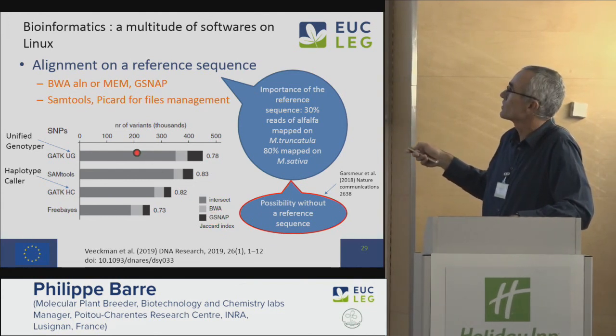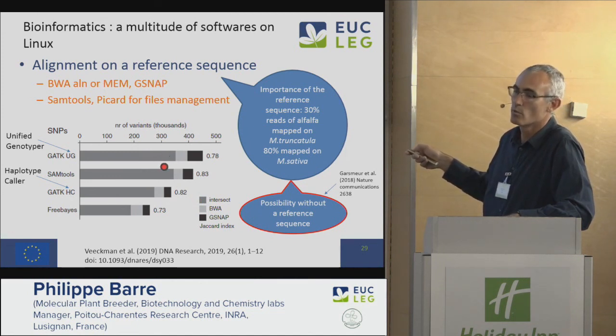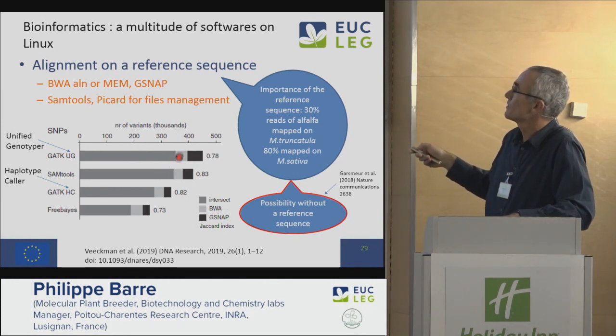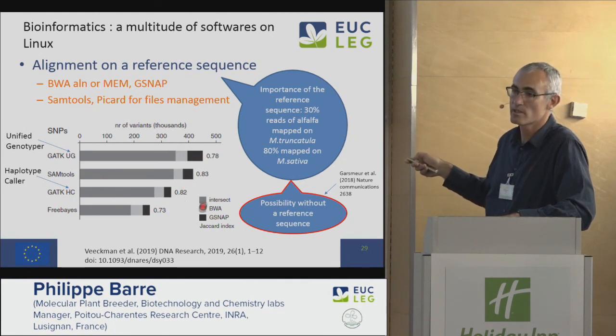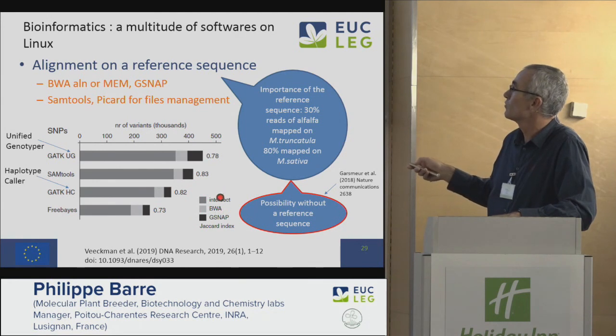You see in dark gray, it's the same when you get the same SNP with both software, but you see that you have a little bit of light gray and dark, and this is specific SNPs from BWA or GSNAP.